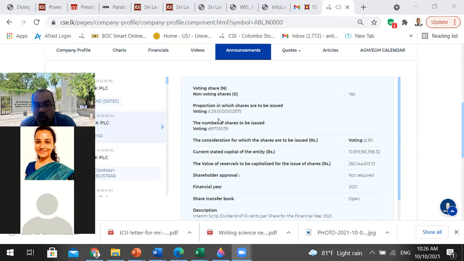Last week, the share price of Amana Bank started soaring and went up to 460 rupees. Now it comes back to 380 or so. Now high volatility is there, partly contributed by this scrip dividend proposal and some other additional reasons as well.